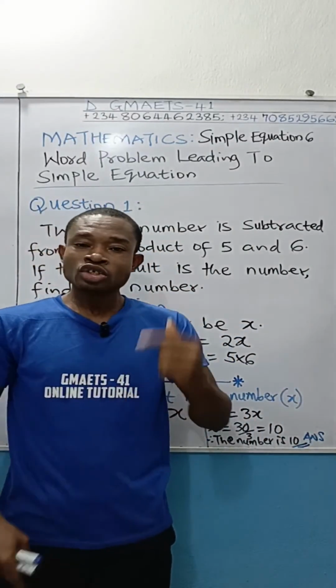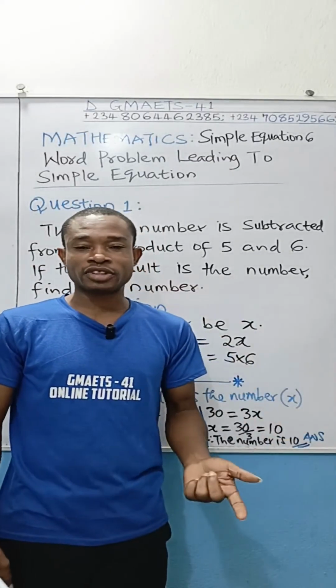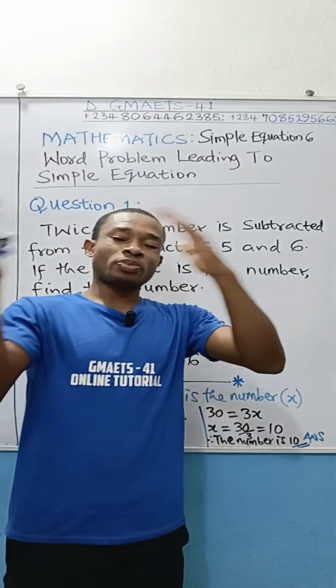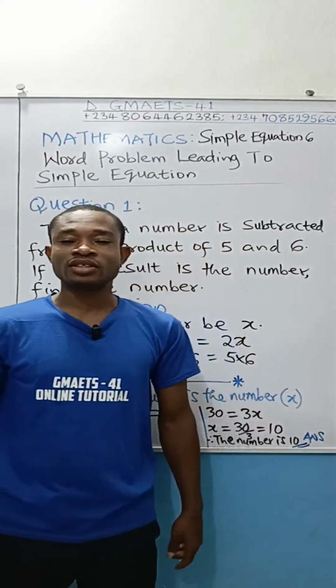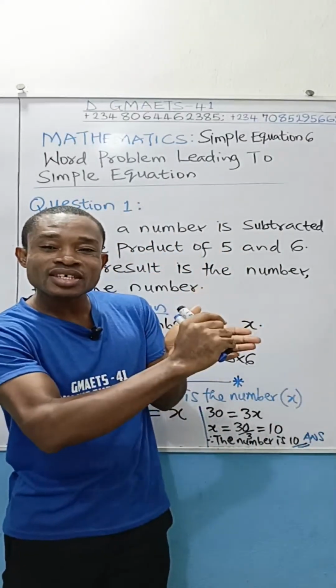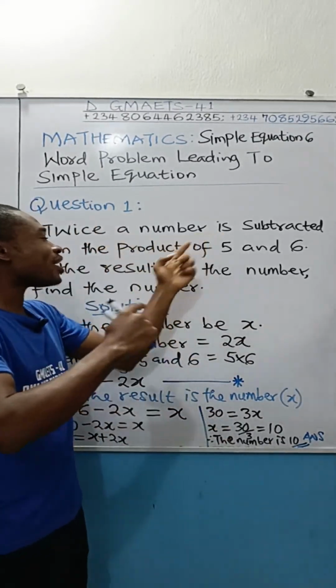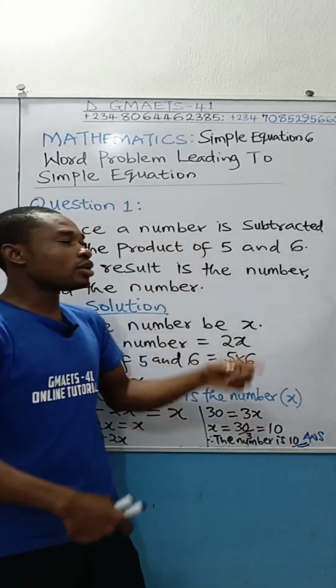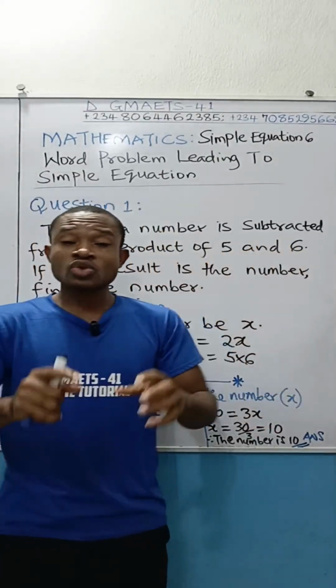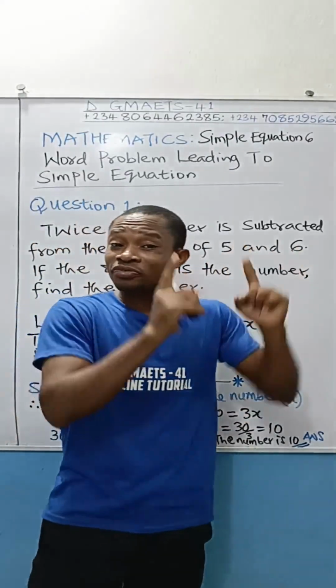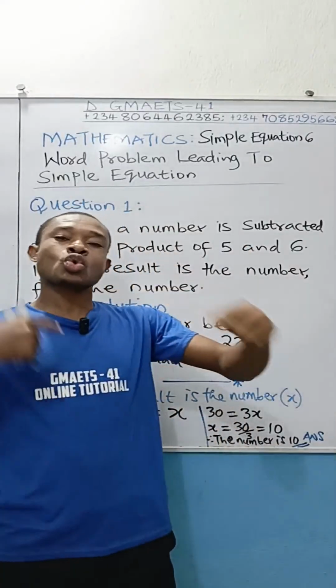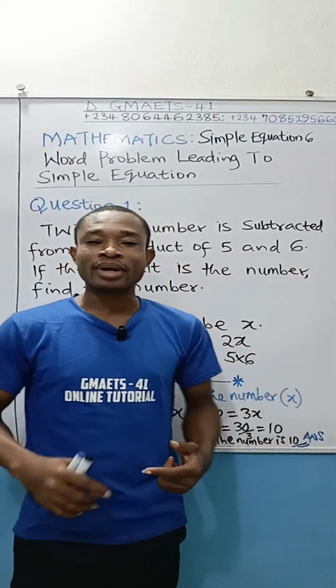Take note, not 20 minus 50. 20 is subtracted from 50, it is written as 50 minus 20. So if I tell you that twice the number is subtracted from the product of 5 and 6, it means you do the product of 5 and 6 first, then minus twice that unknown number.